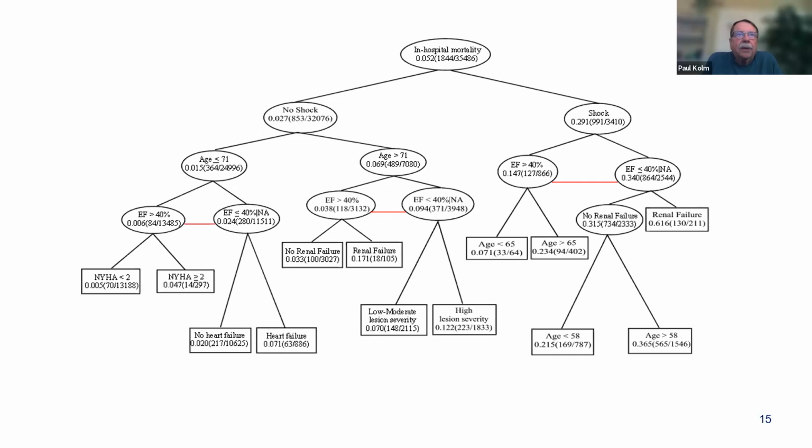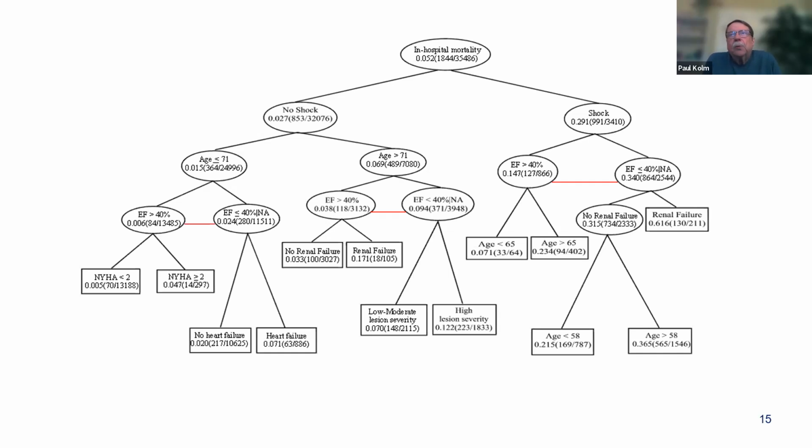Ejection fraction shows up in the splits here, and it's always splitting at 40%, regardless of where it is in the tree. On the other hand, age has different values for splitting. With the no shock people, it splits at 71. For those who experience shock and have an ejection fraction greater than 40%, it splits at 65, and for those that have no renal failure, at 58.